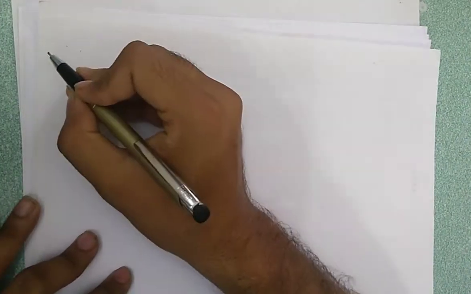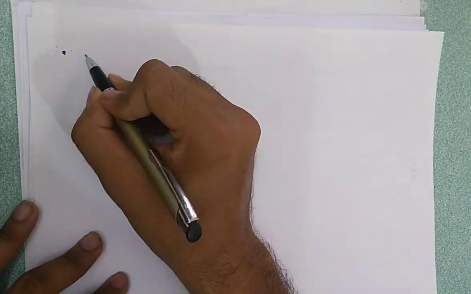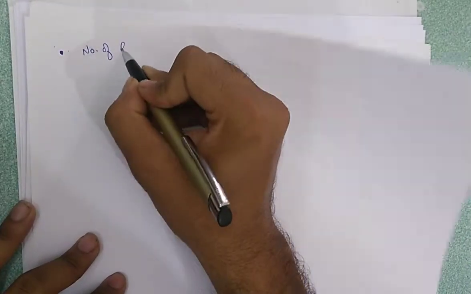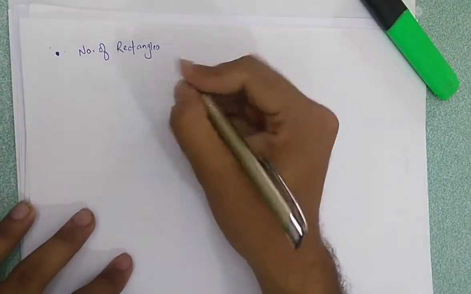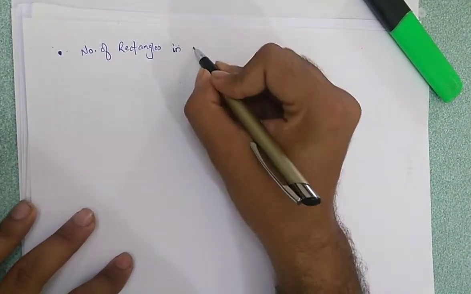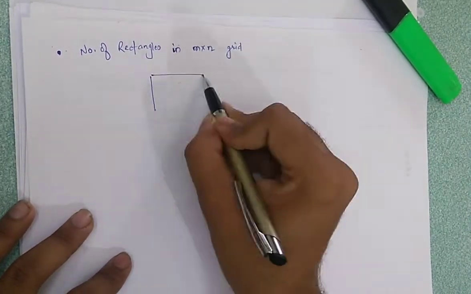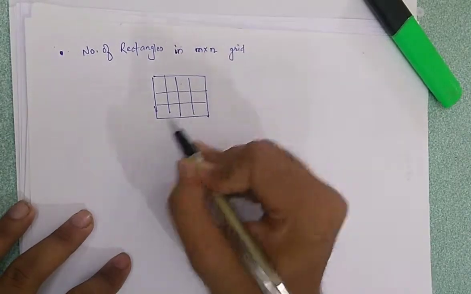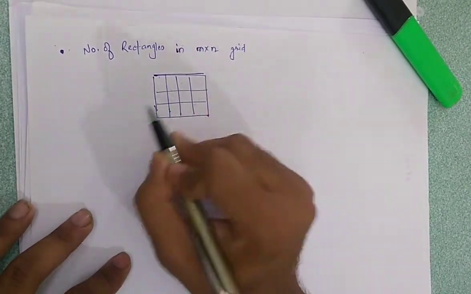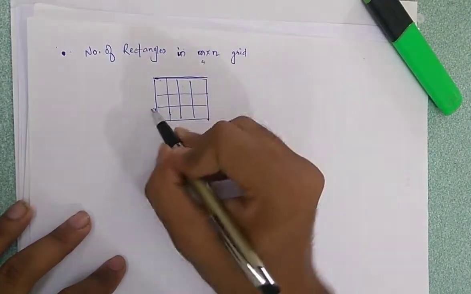So what happens when we have an m into n kind of grid? Number of rectangles in an m into n grid. If we have an m into n grid, a grid like this, the value of m becomes 4 here because we have 4 rows over here.